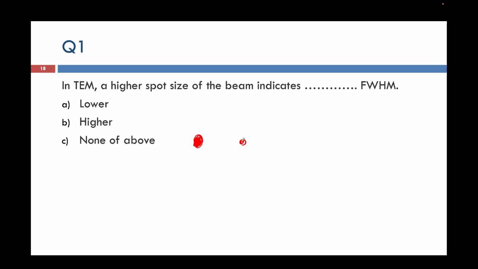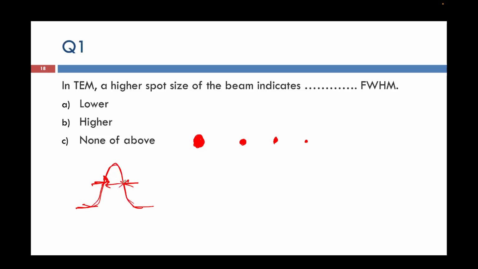Full width half maximum is the width of my peak at half of my intensity, that is, the thickness of my beam. If I am getting a higher spot size, that means my spot size is increasing, so there is much more broadening. Broadening will be there when my FWHM is higher.